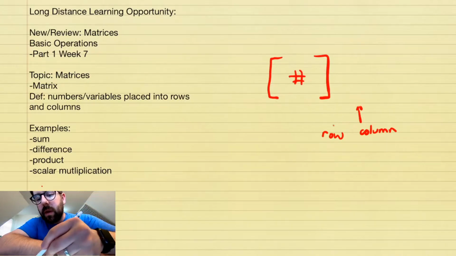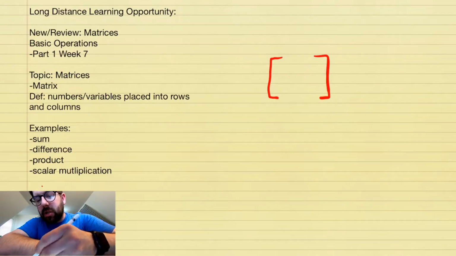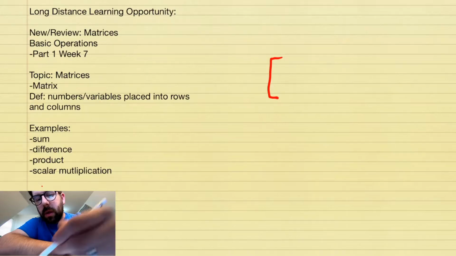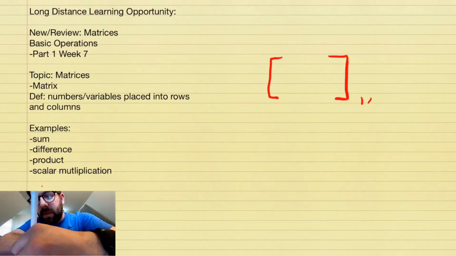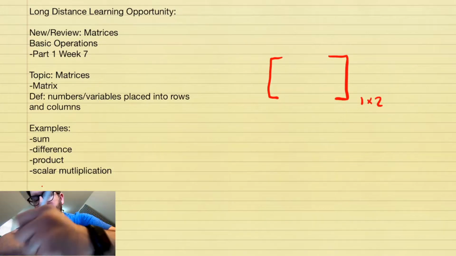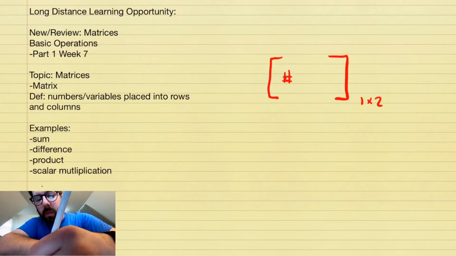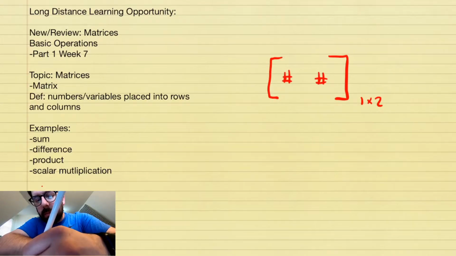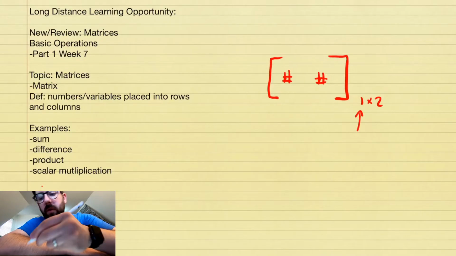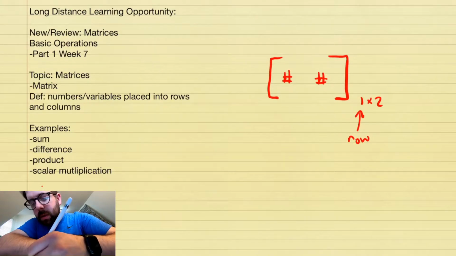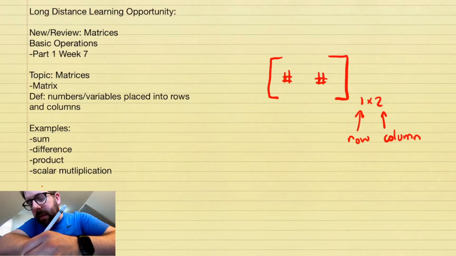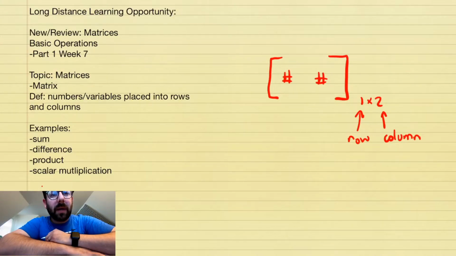If I changed the dimensions here, let's say that maybe this is a 1 by 2 matrix. That means there is one row, but two columns in it. Again, the first number is row, and the second number is columns. If you can remember that, matrix multiplication and basic operations are super easy.